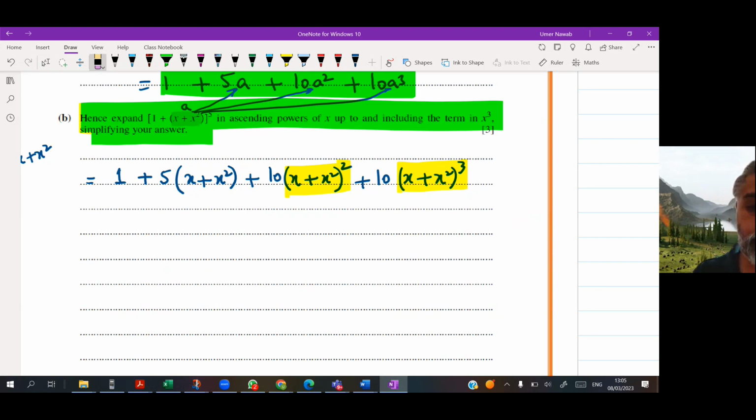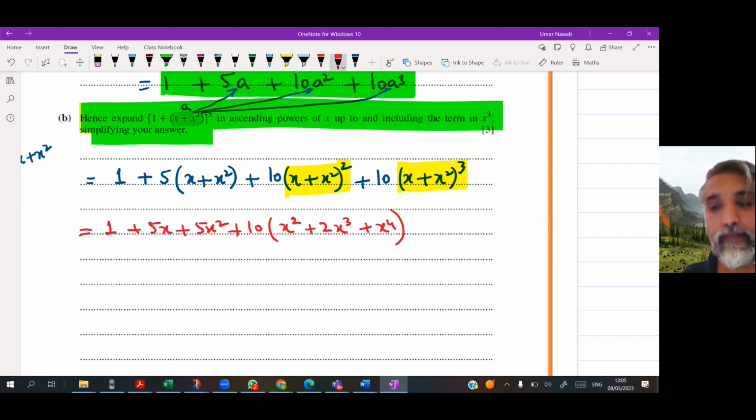How? Look at that. 1 plus 5x plus 5x squared plus 10. You need to expand it. So this is x squared plus 2x cubed plus x power 4, which is not needed.